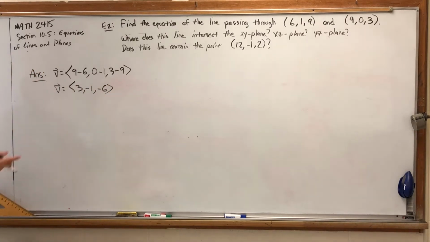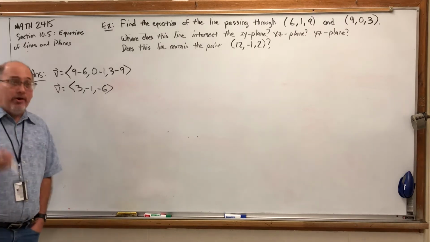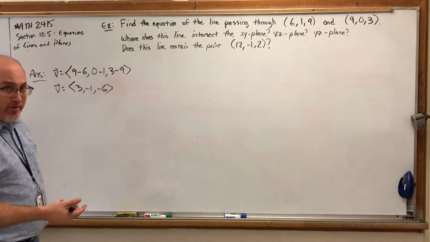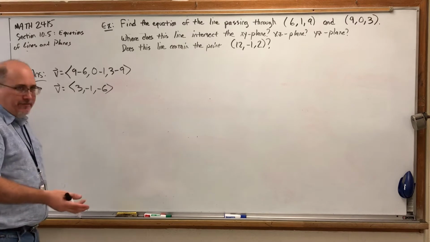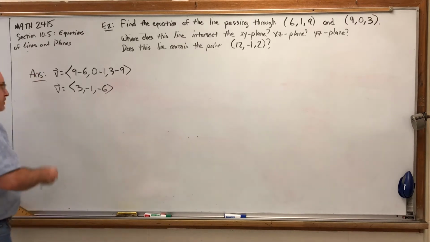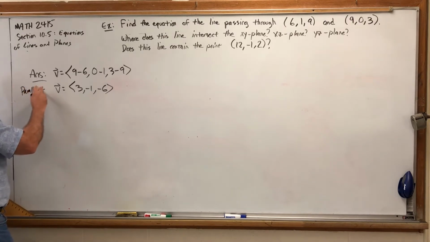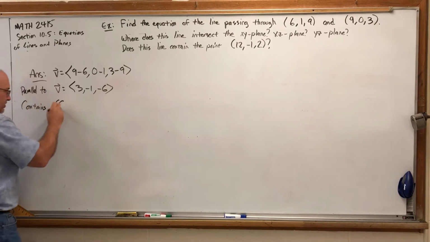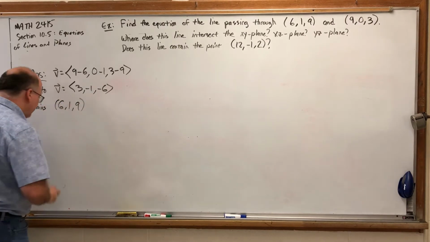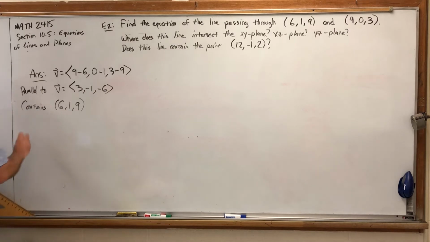Now, to make the equation, we need to choose which point we want to use as our frame of reference. I typically use the first point. Either one would be acceptable. So we're going to find the equation of the line that is parallel to this and contains the point (6, 1, 9). Let's start with vector form.